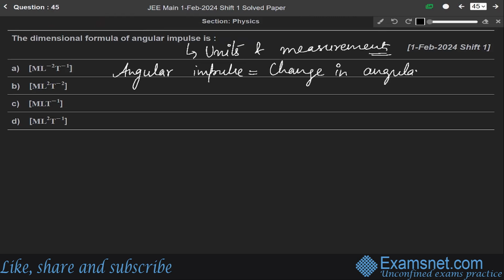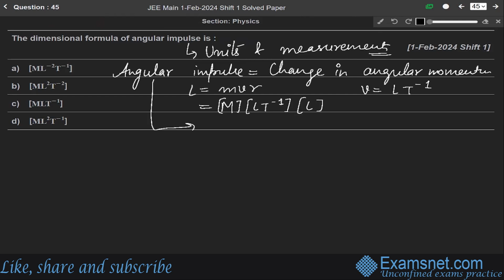The formula for angular momentum is L equals to mvr. The dimension for mass is capital M, for velocity v it is LT minus 1, and for r it is L. So the dimension of angular impulse is M L2 T minus 1. So the correct option is option D.